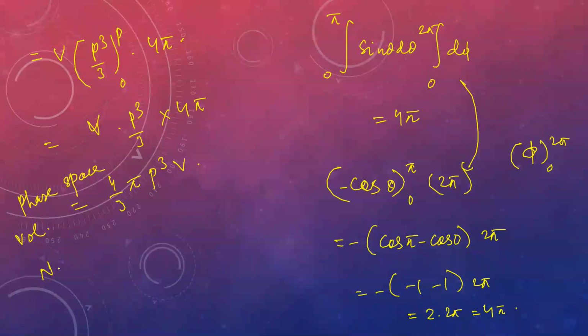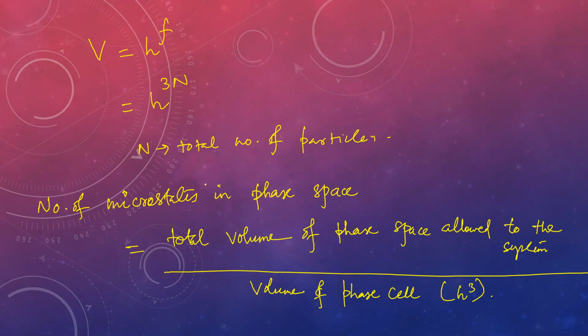Okay, number of microstates. Number of microstates is what? If you remember, number of microstates is the total volume of phase space divided by the volume of phase cell, that is hq.